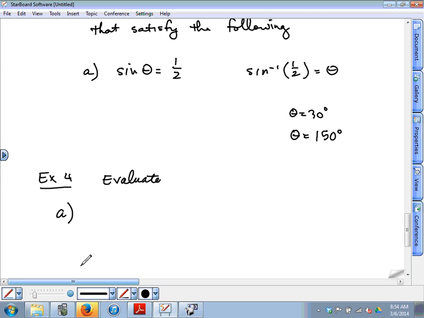So now consider this problem. That's not even the type of problems you're going to be looking at. What would we say? For a problem like this, let's do the inverse cosine of the sine of pi over 6.